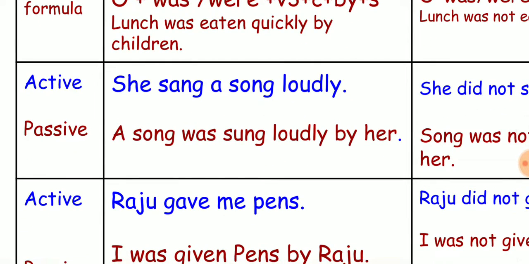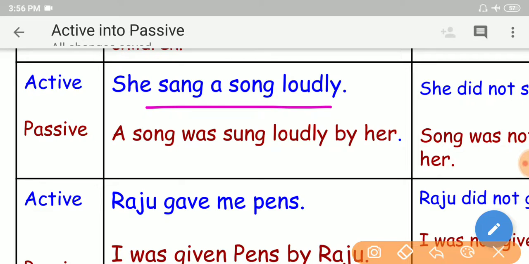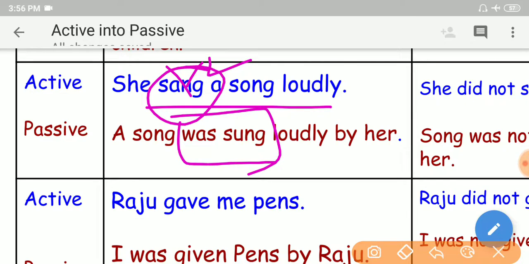Similarly, she sang a song. Sang is V2. That's why was sung is the passive form of sang. Song is the object, which should be brought to the subject position, and the subject should be sent to the object position.